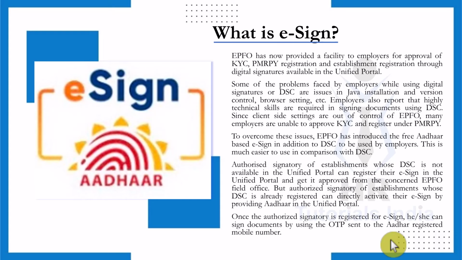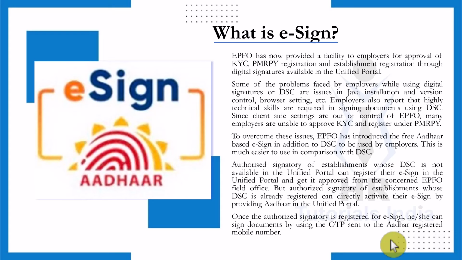In simple words, what we can say is that a very important update for employers registered with Employees Provident Fund, that is nothing but EPFO, has been updated. EPFO has now made it easier for the employers to approve KYC, register under PMRPY and register establishments through digital signatures available in the Unified Portal. However, many employers have faced issues while using digital signature certificates or DSC.